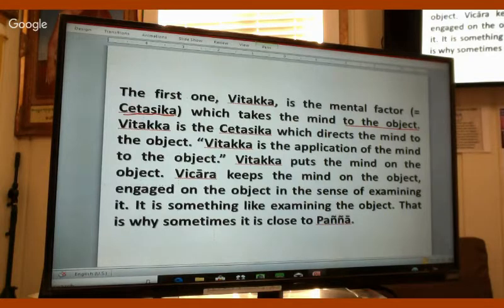So you need to know that the mind is just knowing the object, but we have feeling, contact, and Vitakka, thinking. Thinking means Vitakka takes the mind to many kinds of objects. And then we have confidence, mindfulness, wisdom and energy, the different situations of mind.